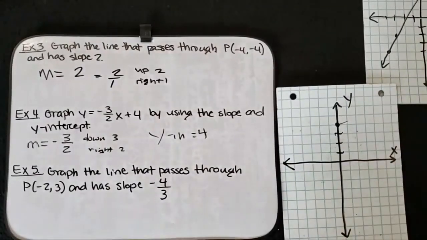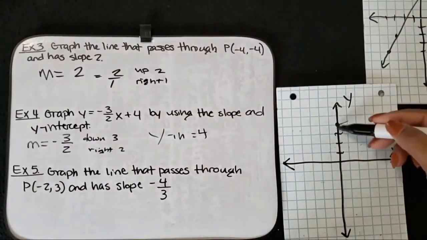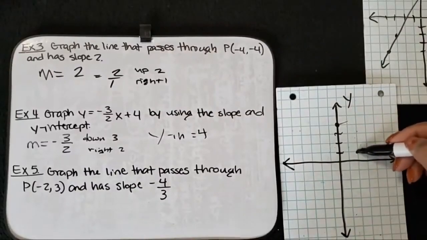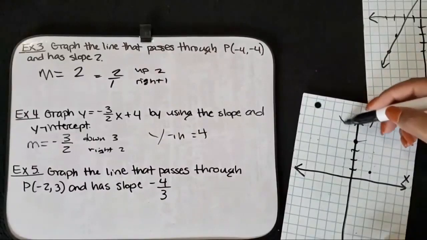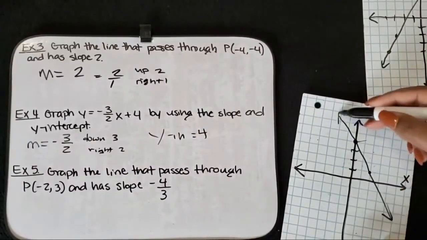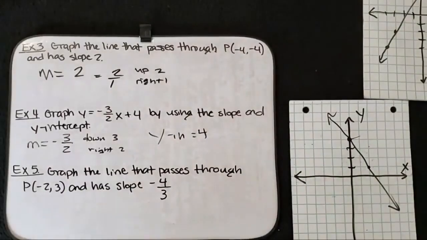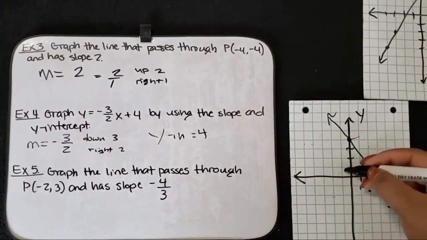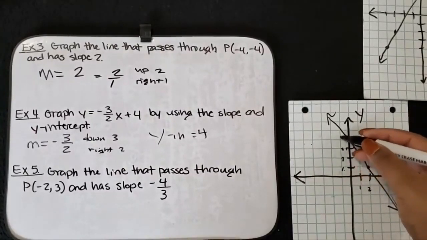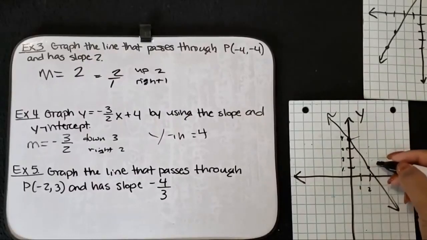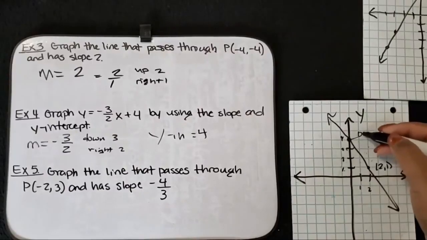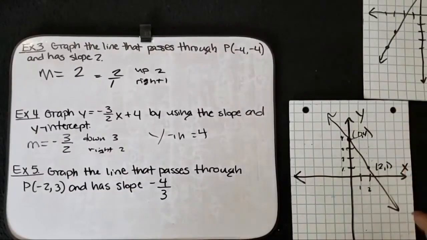We plot that. Then we go down 3, 1, 2, 3. Then we go to the right 2. Connect it using a ruler, and boom, that is our graph. Of course, label your notches and label your points. This is (2, 1), and this is (0, 4).